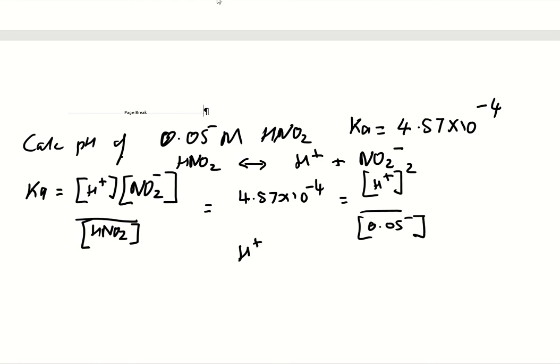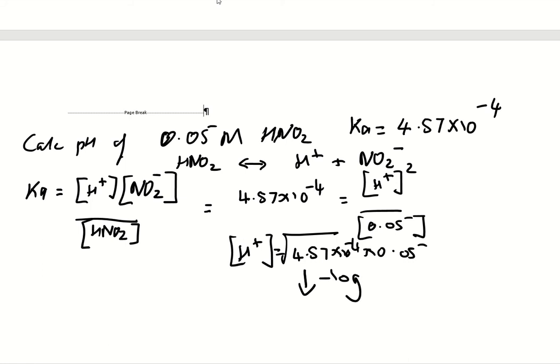So therefore my H plus ion concentration is equal to the square root of 4.57 times 10 to the minus 4 times 0.05. Again, I minus the log of that, and that will give me an answer of 4.56. Pretty straightforward.